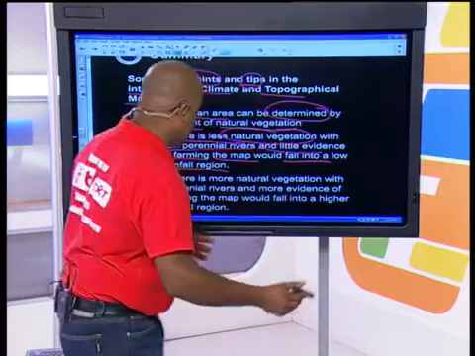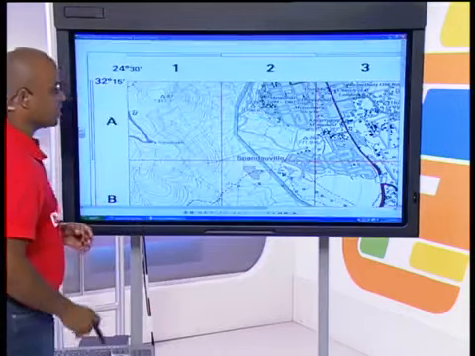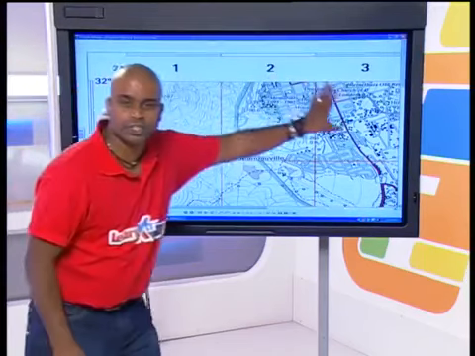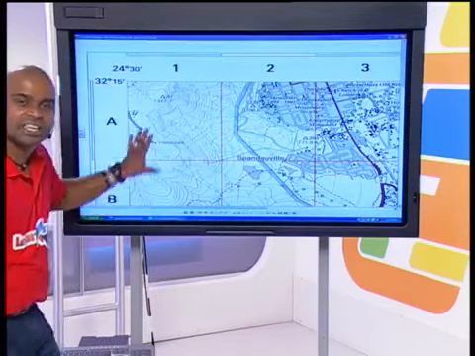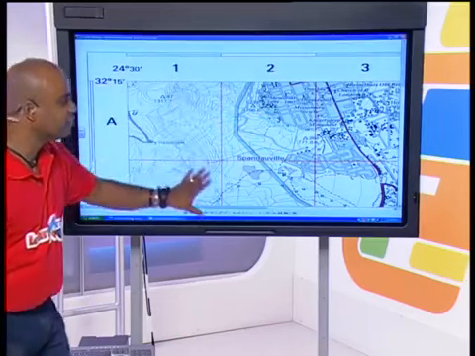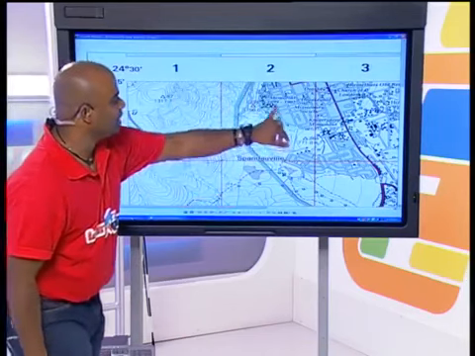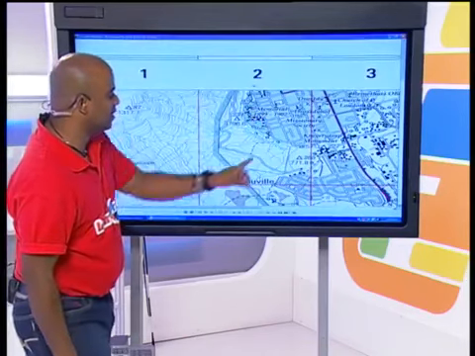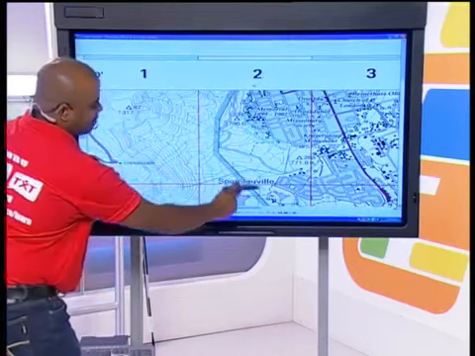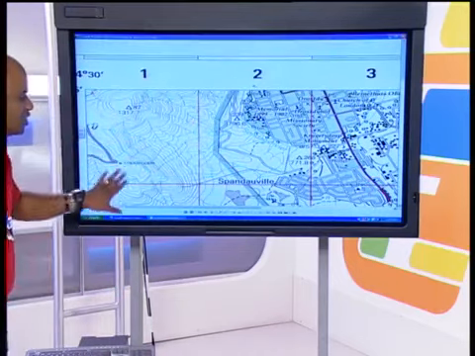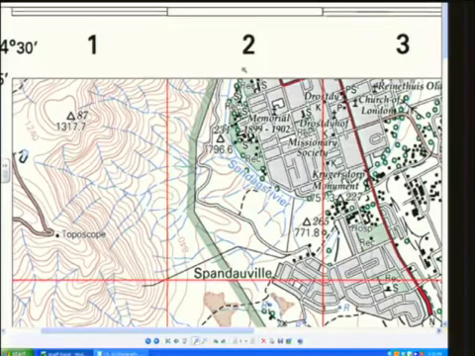So if we have to look at the map of Graaff-Reinet, you'll note that this northern section of the map is largely a dry region. There is little vegetation. However, we can see this particular recreational area here, as well as a boundary here. But this large region here, note the following: non-perennial river systems.